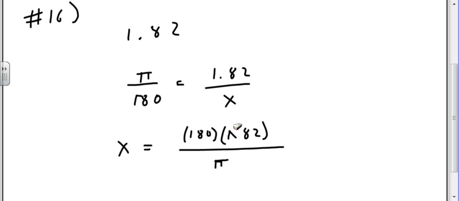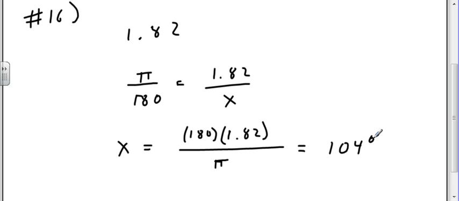And let's see if I can get my calculator. Almost. All right, that's better. Time for the calculator. 180 times 1.82 divided by pi. 104.2783187. Yeah, it doesn't say how many significant digits I should keep. I think I'll keep 3. 104 degrees.